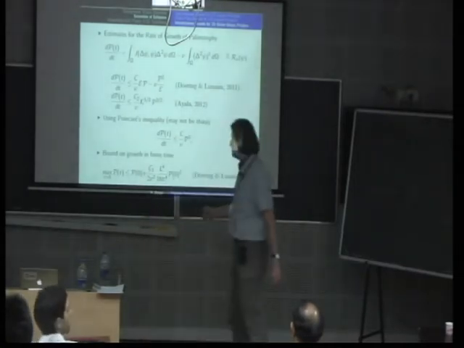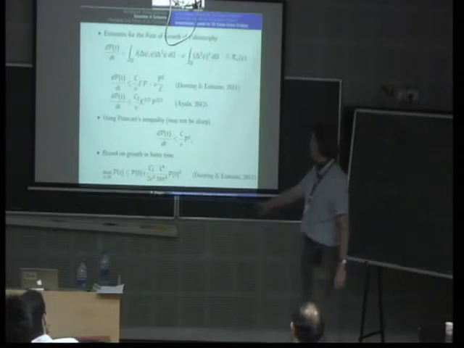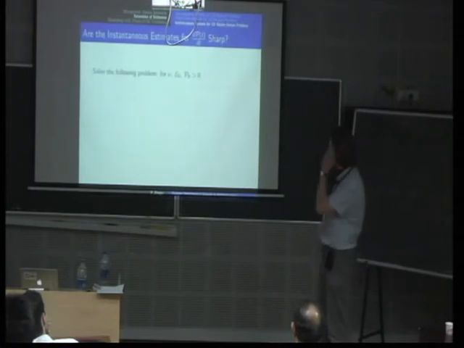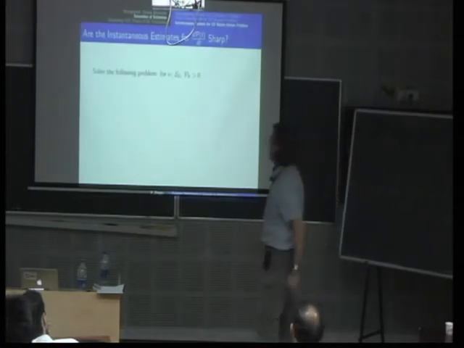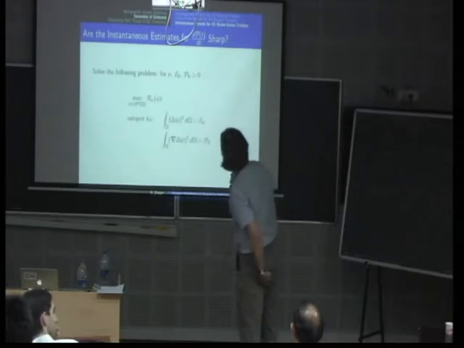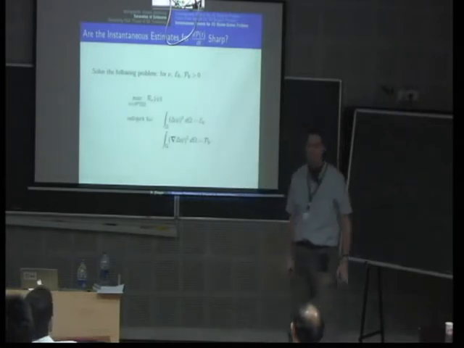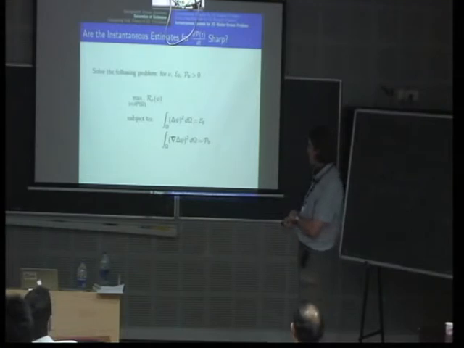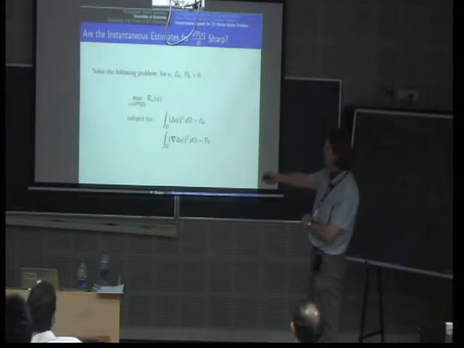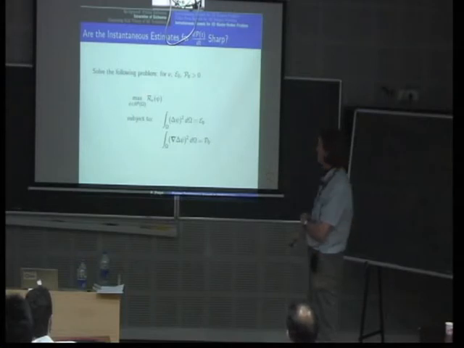Well, and there is a bound on the maximum growth of polynstrophy in finite time, which features the second power of the initial polynstrophy. Okay. So the question is, are the instantaneous estimates sharp? So this question can be reformulated in terms of this variational problem, where we are looking for the stream function psi in H4 that will maximize the rate of growth of polynstrophy.